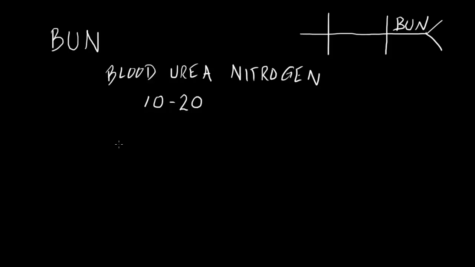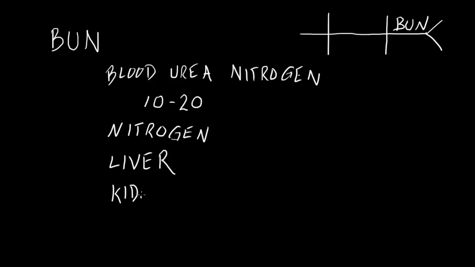Blood urea nitrogen is made from nitrogen, made in the liver, and it is excreted, or I should say filtered, and reabsorbed in the kidney.